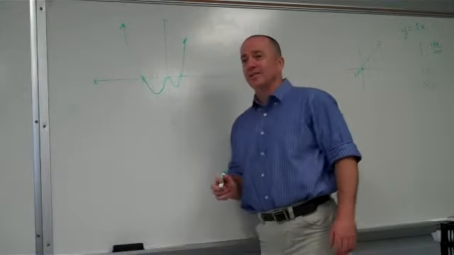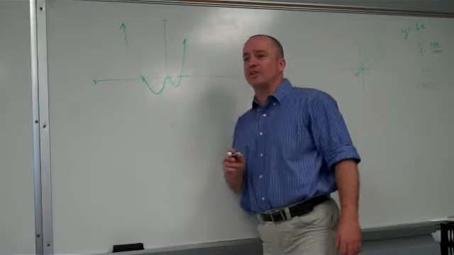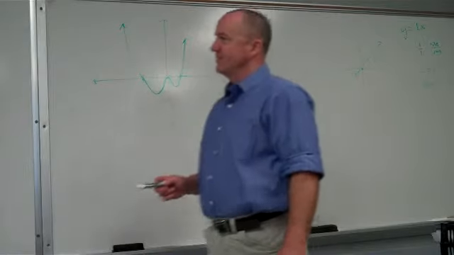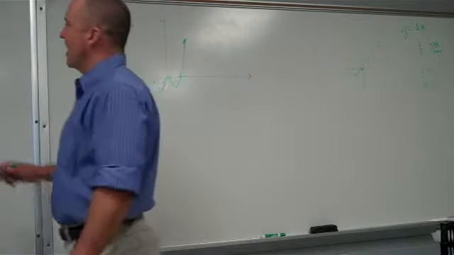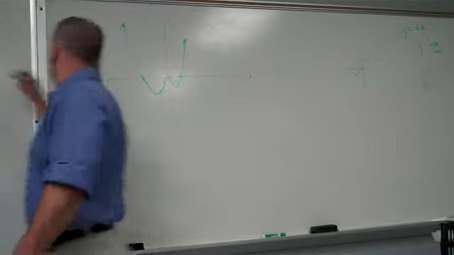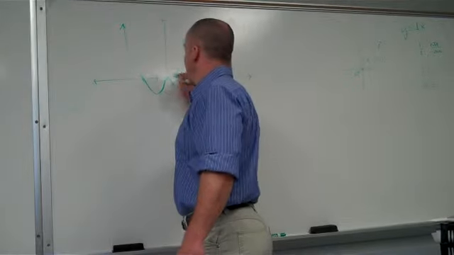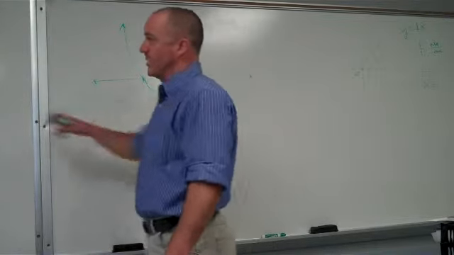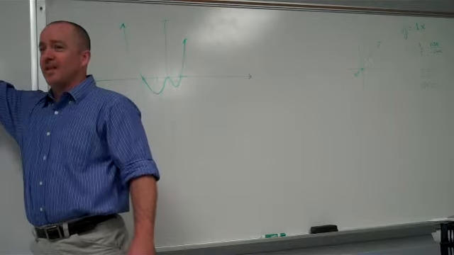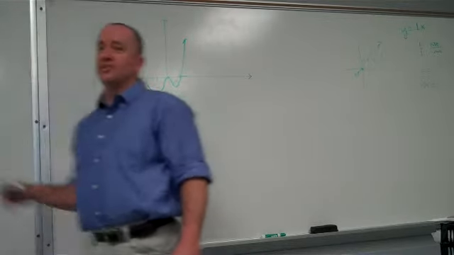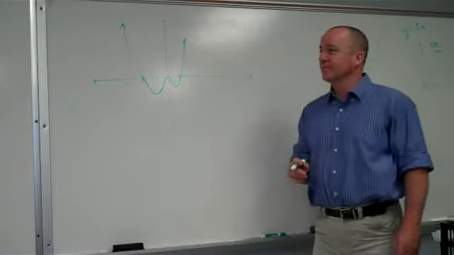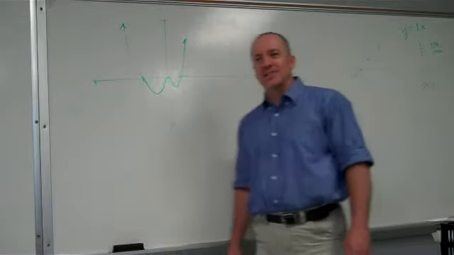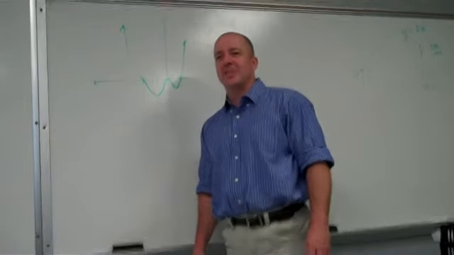Odd multiplicity tells me that it crosses the x-axis at 1 and negative 2. I was reading the multiplicity of 3, that's what confused me. And it touches at 0. Questions on this? Yes.